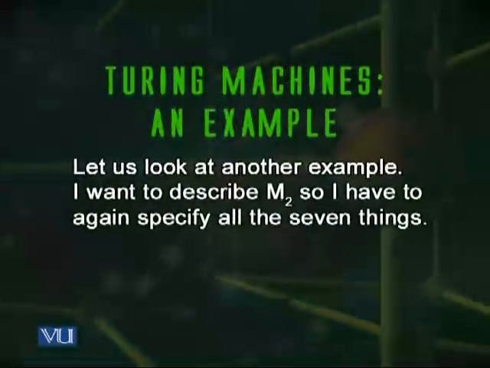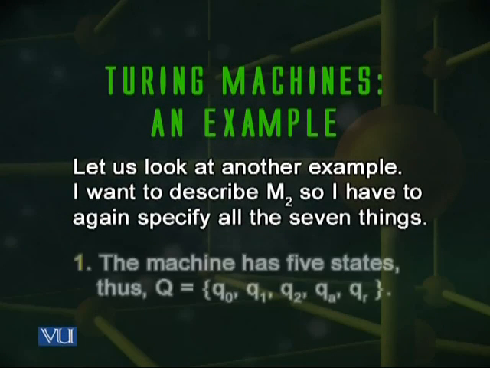I want to now describe a Turing machine M2. So once again, I have to specify all 7 things. First of all, I have to tell you what are the states of this Turing machine. I have to tell you the set of states Q, which is in this case Q0, Q1, Q2, Q accept, and Q reject. So this Turing machine has 5 states.